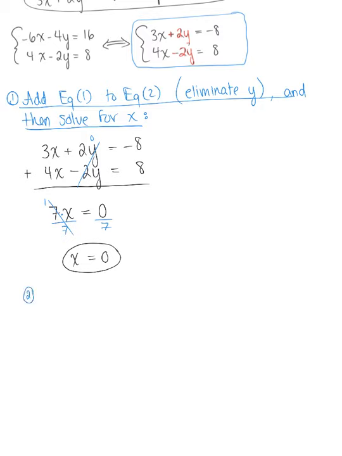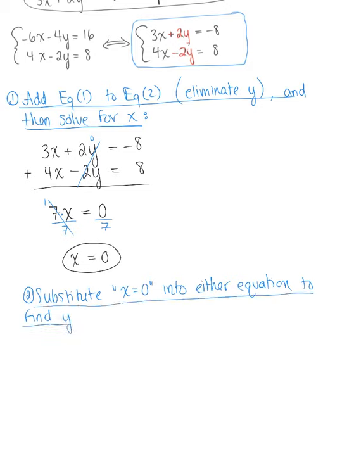And then step 2 here is to substitute what we just solved for. We substitute x equals 0 into either equation to find the corresponding y. So I'm going to use equation 2. Again, equation 1 works fine as well. So let's recall that equation 2 is 4x minus 2y is 8.